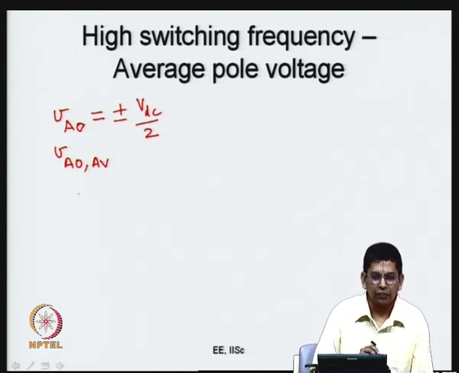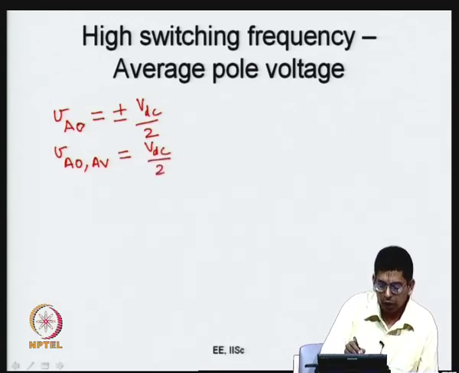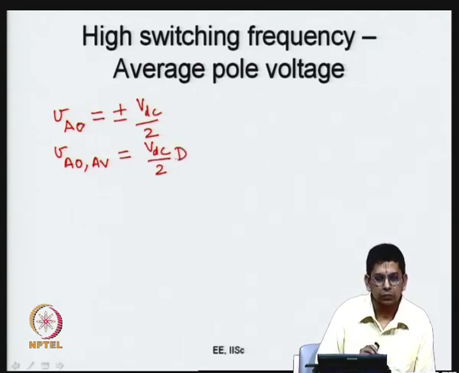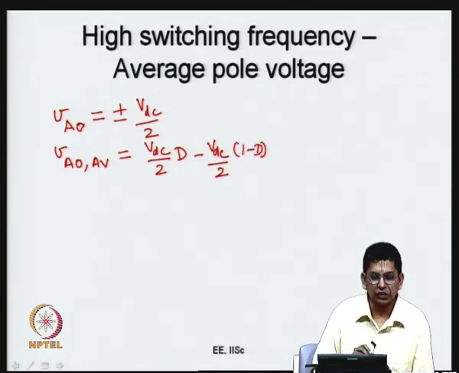Over one half cycle of the carrier. For half a cycle of the carrier, you apply VDC by 2 for how long? For whatever is the duty ratio, D times Ts. Then you apply minus VDC by 2 for the remaining duration, which is 1 minus D times Ts, and you average it.